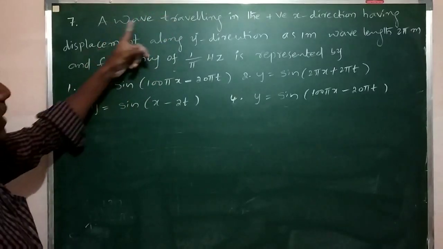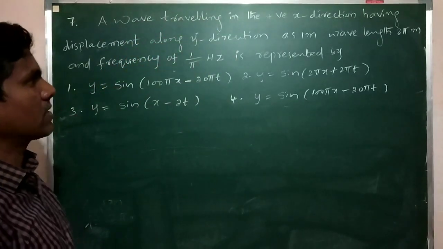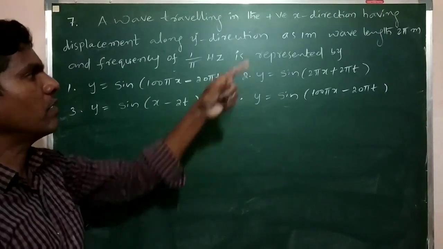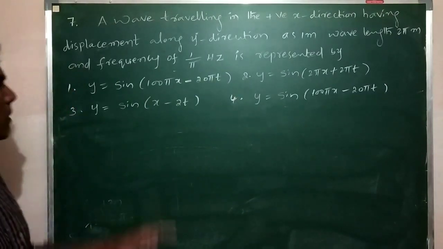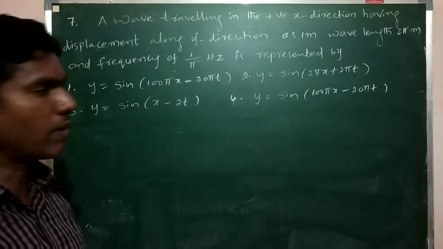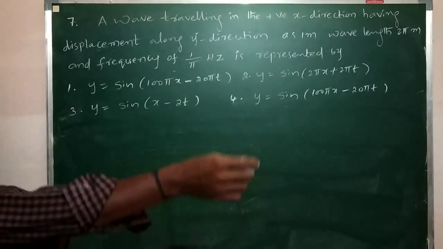The question is: a wave traveling in the positive x direction having displacement along the y direction as 1 meter, wavelength 2π meters and a frequency of 1/π hertz is represented by which of the given options.